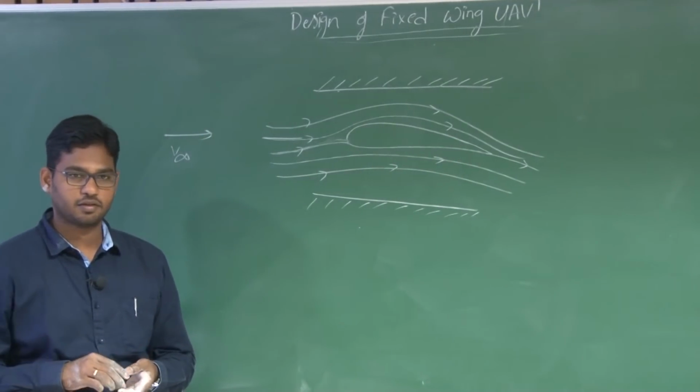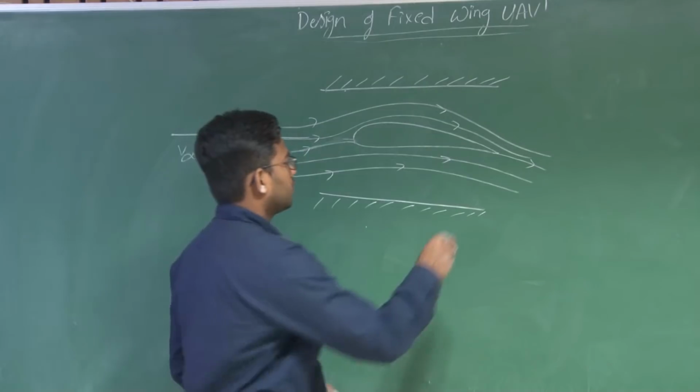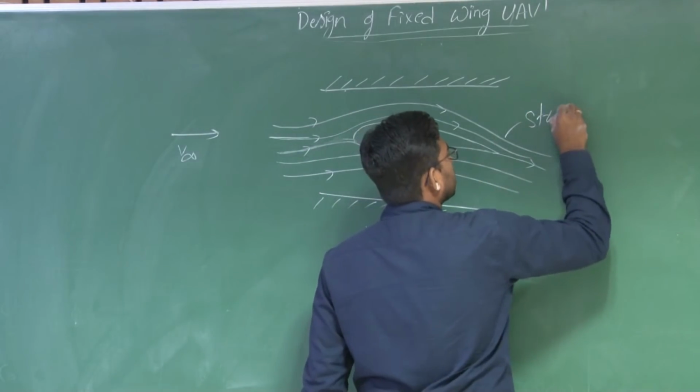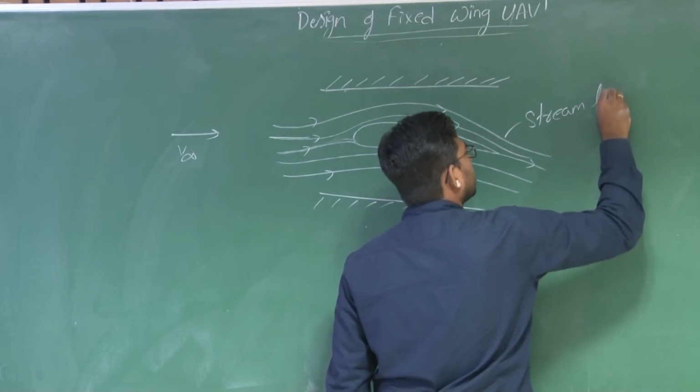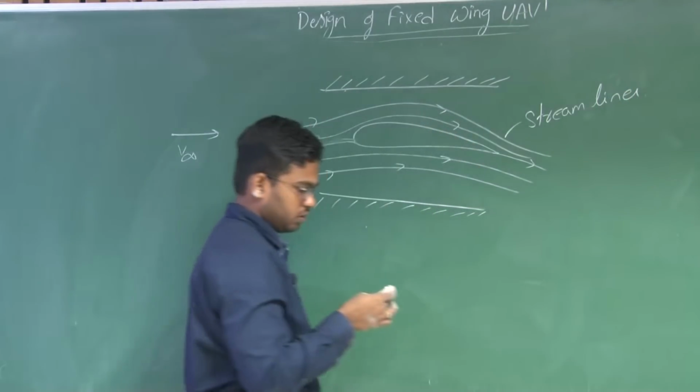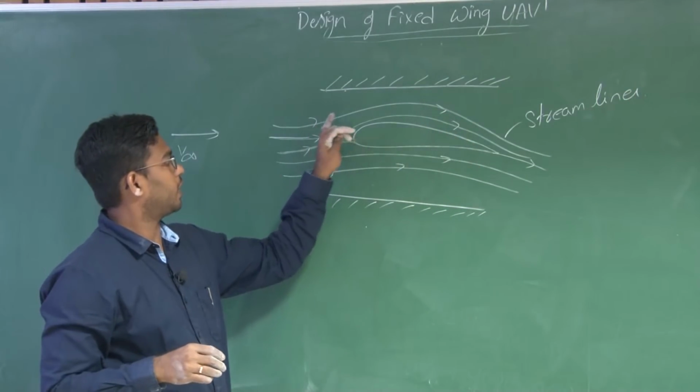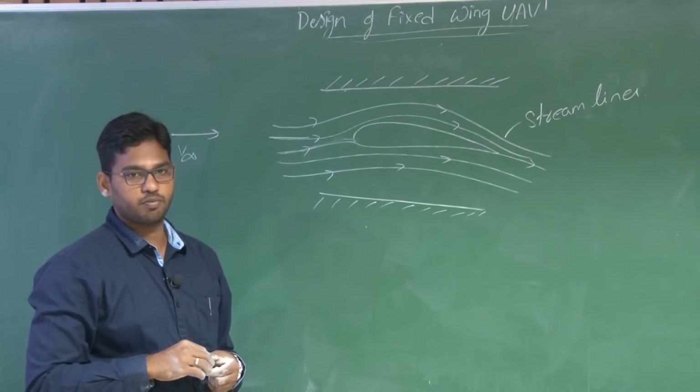What are these lines? They are called streamlines. It is assumed that the fluid particle will move along this streamline.